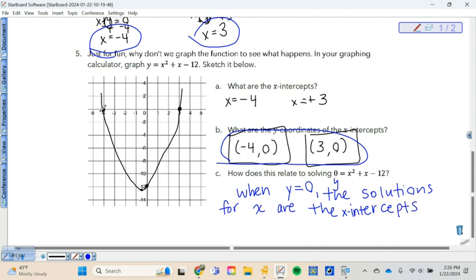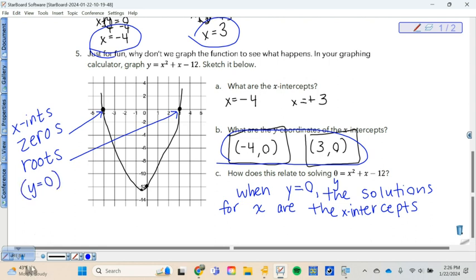We also sometimes call them zeros, or we call them roots. It's all saying the same thing, and it's just referring to those x-intercepts. It's where y equals 0.